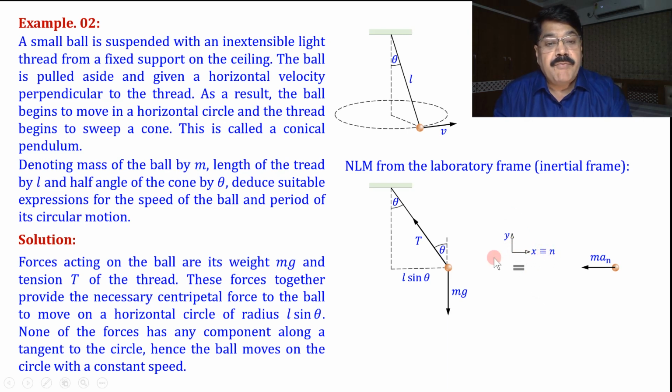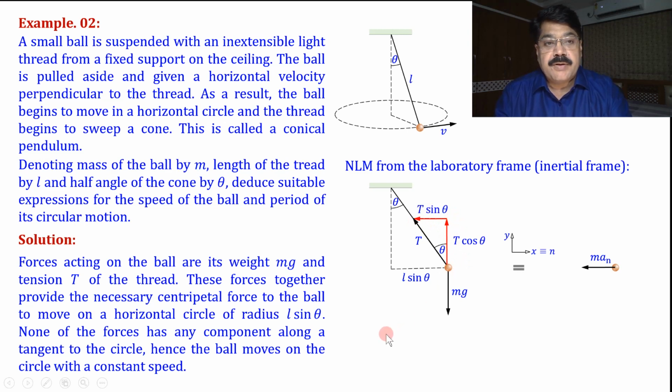And accordingly, we have to take components of the tension only. Here, this length will denote the vertical component and this length will denote the horizontal component, or the towards-the-center component, or the normal component. So this will be T cos theta and this will be T sin theta. You can very easily write.